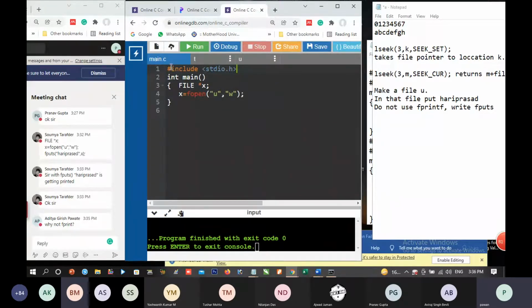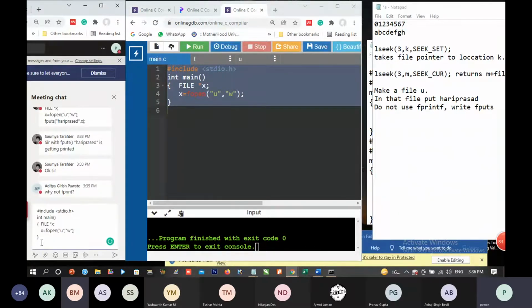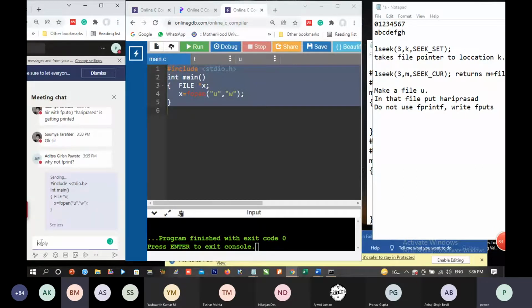This is a standard program which should always be available with you. Let me type this program. This program should always be available with you. Is it correct? And you should always be using this program. What is the problem?